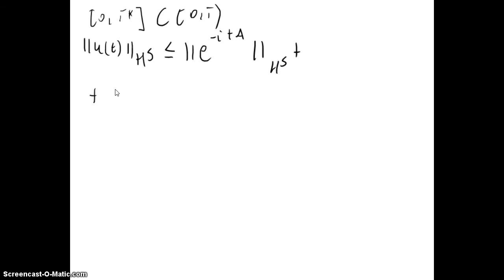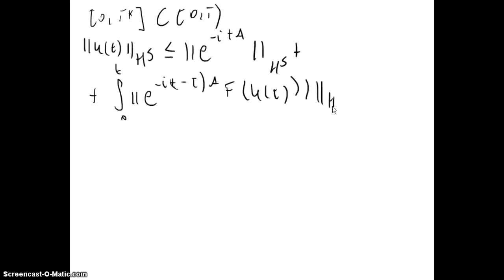Okay, so recall Duhamel's expression of the solution, so we can bound the solution in H^S by the norm of e to the minus itA u_0 in H^S plus the integral from 0 to t of the norm of e to the minus i(t minus tau)A applied to the nonlinear term of u(tau), which came from Duhamel's expression, d tau.